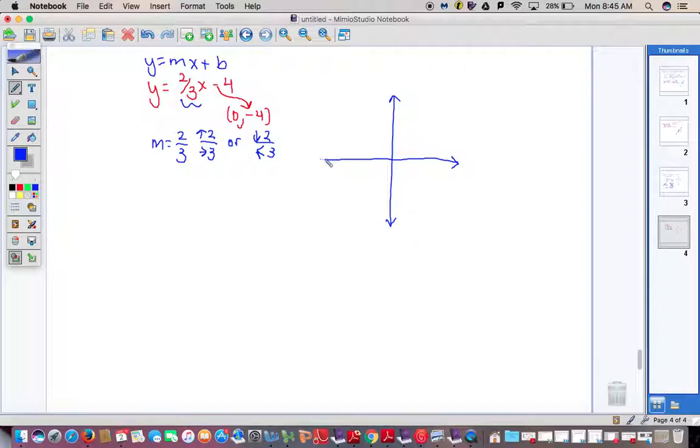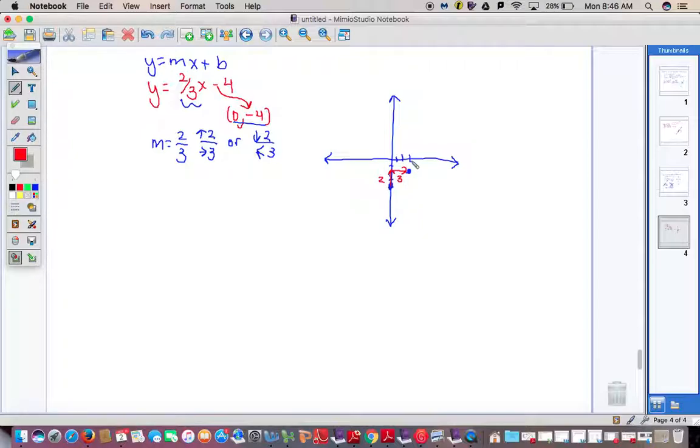We're going to start by plotting our y-intercept. So you start at your origin, and then we're going to go down 4, 1, 2, 3, 4, and place your point. And then our slope is 2/3, so we're going to go up 2 and to the right 3. So our next ordered pair would be here, because we've gone up 2 and to the right 3.